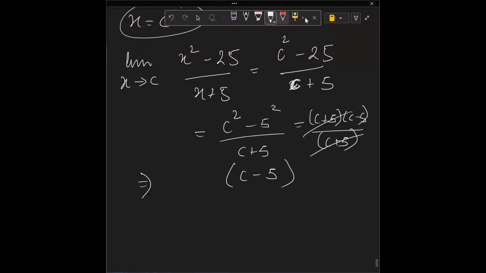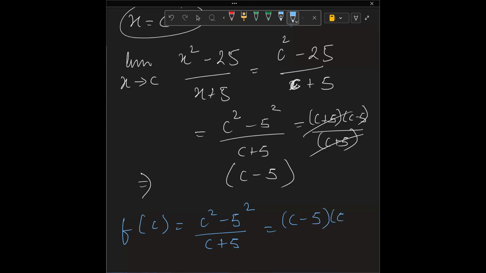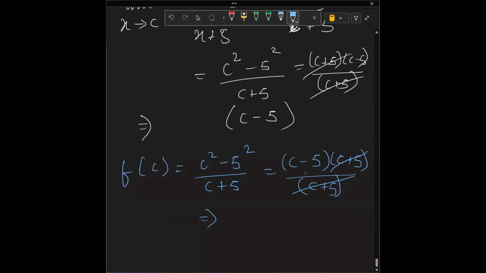Okay, now check for your function value at particular c. Your function is x square minus 25, that is c square minus 5 square, and in the denominator this is c plus 5. Numerator is c plus 5 times c minus 5, upon c plus 5. This and this get cancelled out, and at last you have c minus 5. So the limit and function value are equal.